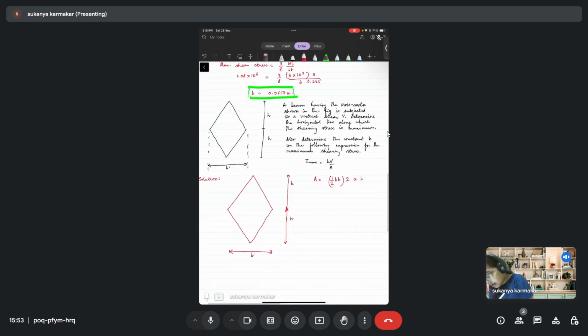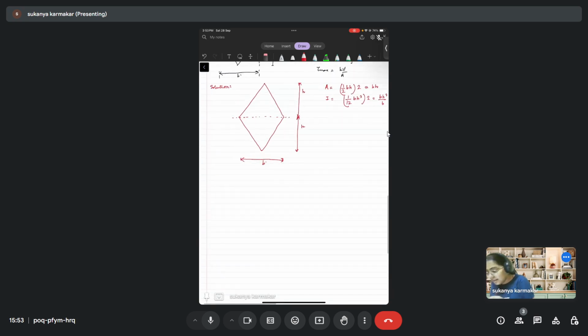So the total area is b times h. And the moment of inertia about this line is 1 by 12 b h cubed. Since there are two triangles, into 2, so it is b h cubed by 6. These are two things which you can keep handy.